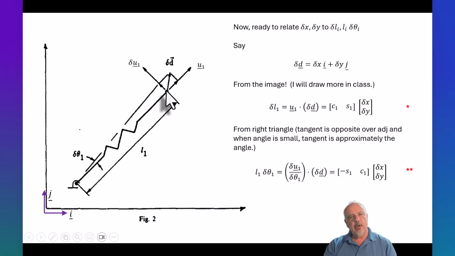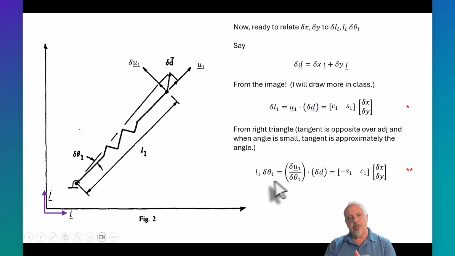The U direction would be in the same direction as the spring. So if I were to take U1 and dot it with this vector delta D, that would be C1, S1 dotted with delta X, delta Y. So that is my change in length of the first spring.